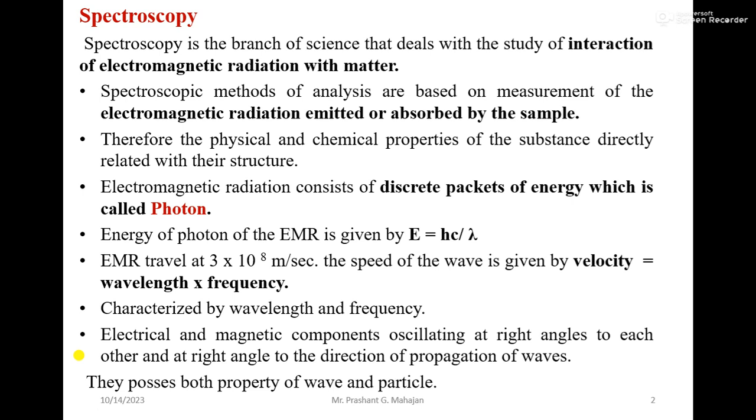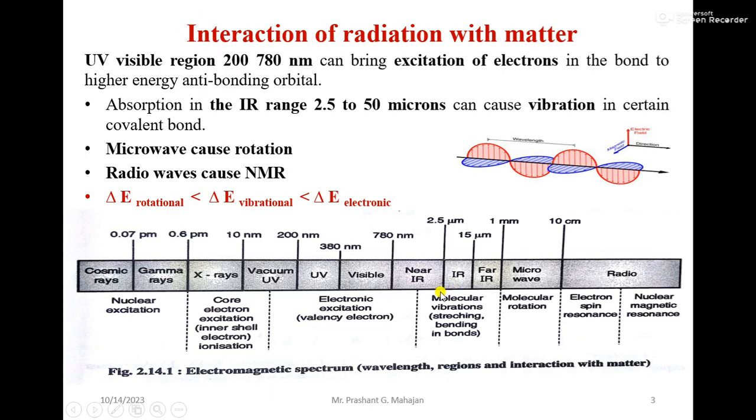So they possess both properties of wave and particle. I am talking about the corner of your room: one is the electrical component, the second is the magnetic component, and the third is the direction of propagation of the wave.